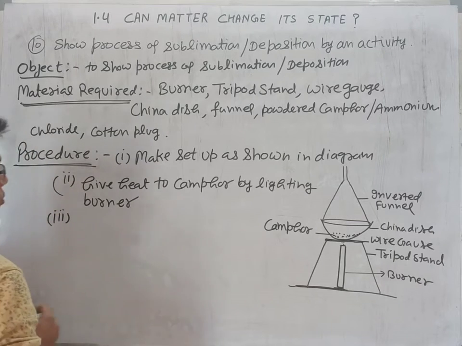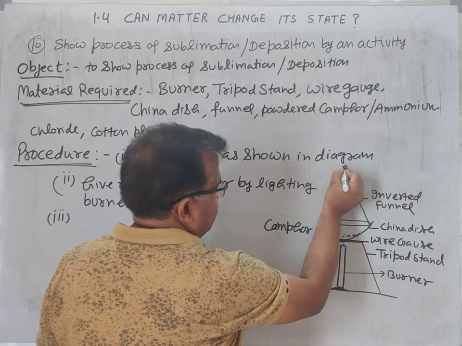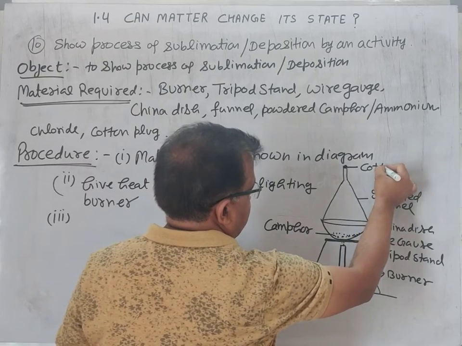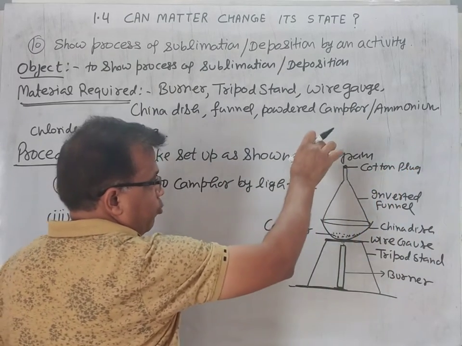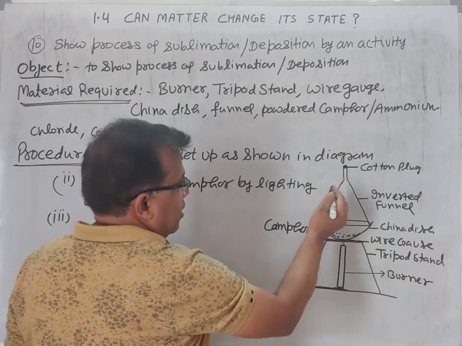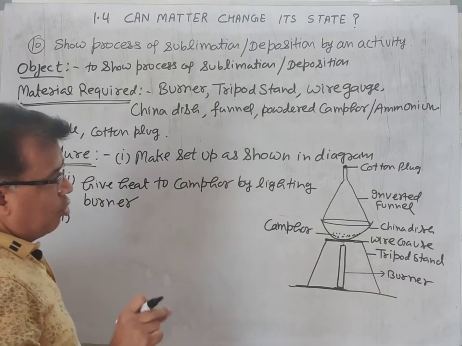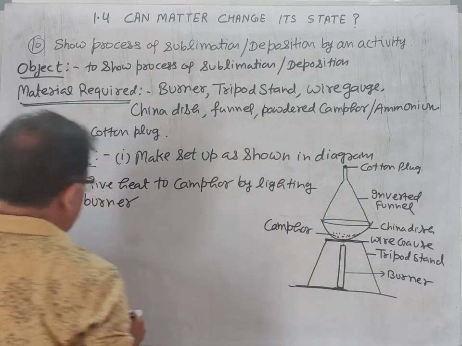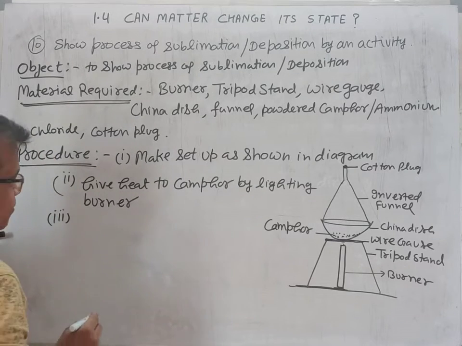We shall close this point by a cotton plug. We put the funnel inverted and this opening should be closed by placing cotton or cotton plug in it, so that the vapors formed will not move out. So give heat to camphor by lighting burner.